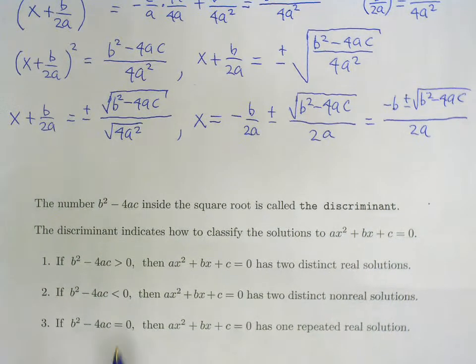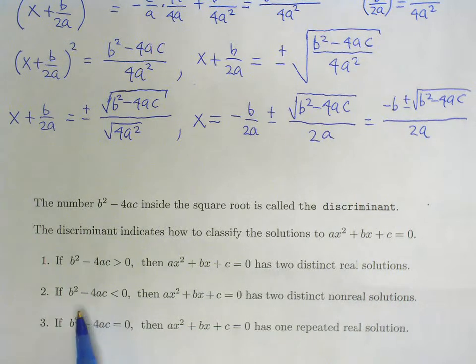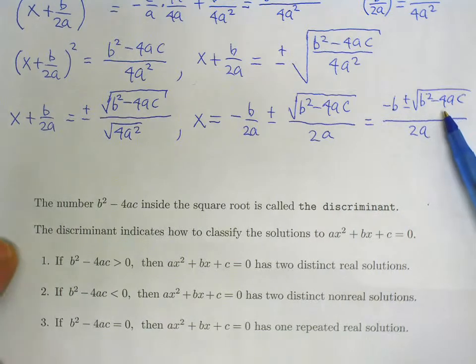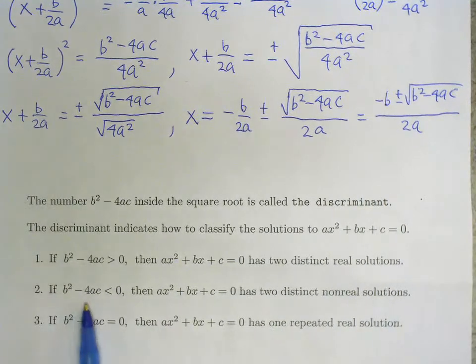If the discriminant is less than 0, if b to the second minus 4ac is negative, well, we know that the square root of a negative number is not a real number. So the quadratic equation has two different non-real solutions.